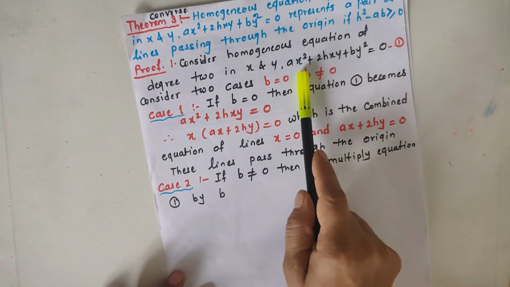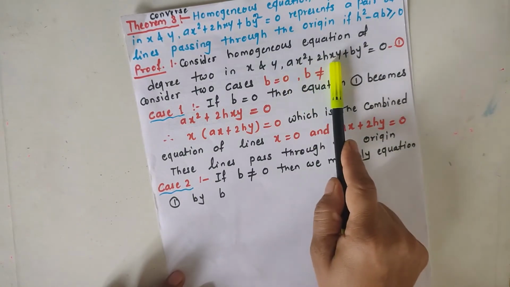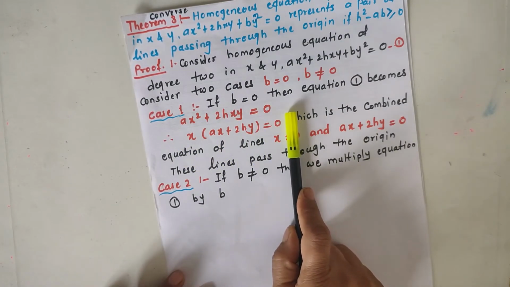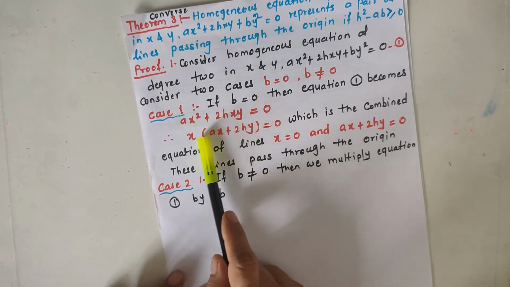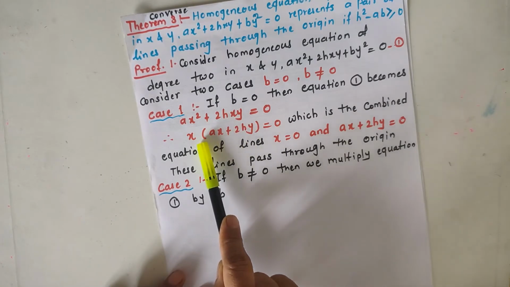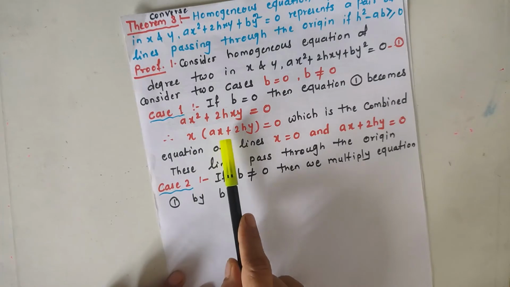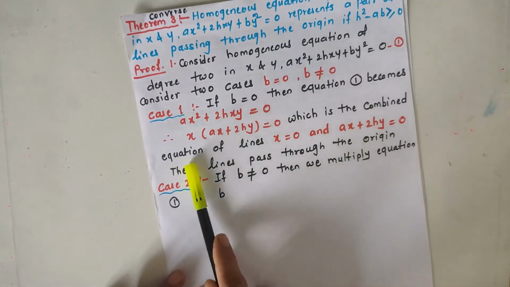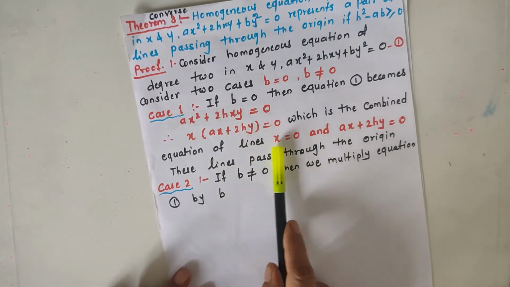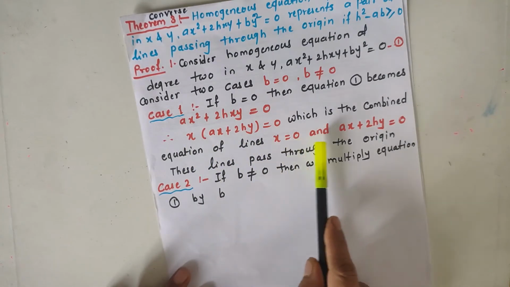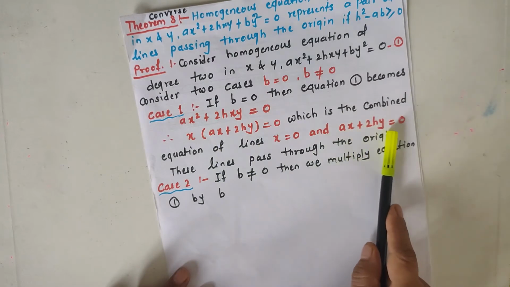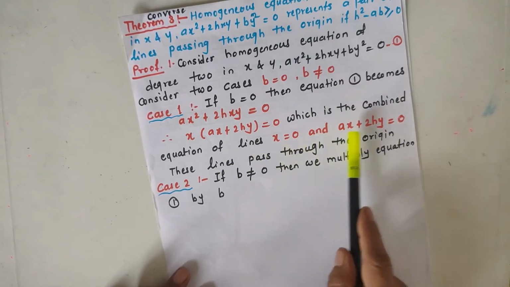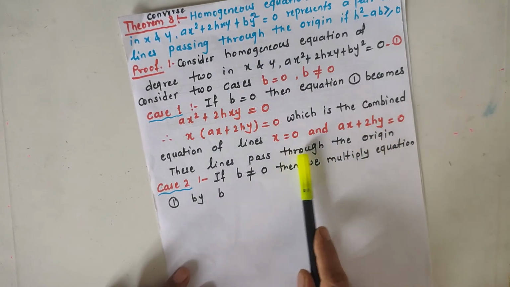Then from equation 1 we get only two terms, ax square plus 2hxy is equal to 0. By taking x as common, we get x into ax plus 2hy is equal to 0, which is the combined equation of two lines. First line is x is equal to 0 and second line is ax plus 2hy is equal to 0. And these two lines pass through the origin.